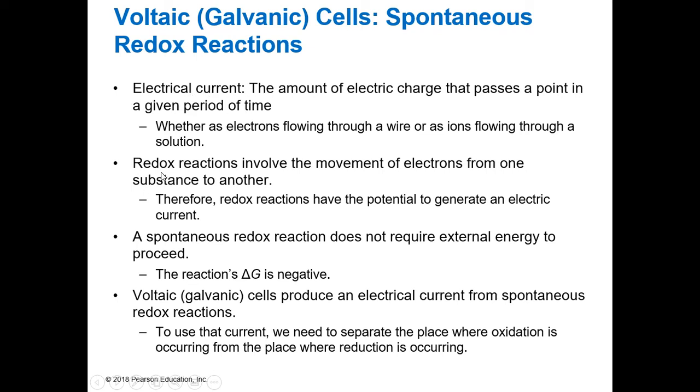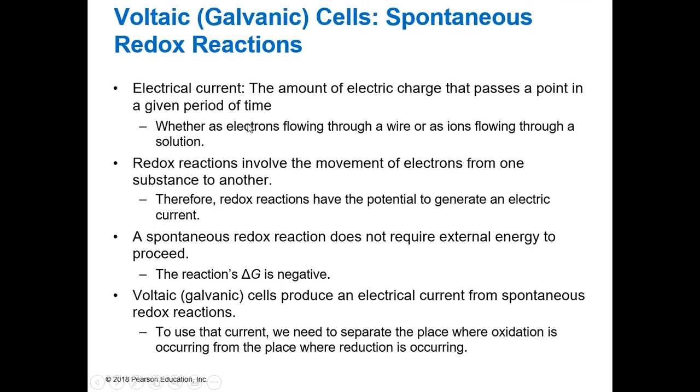Our redox reactions, we know, involve the movement of electrons from one substance to another, right? Our electrons are going to be lost from whatever is being oxidized, and they're going to be gained by whatever is reduced. So they are exchanging electrons. Those redox reactions generate an electric current because there is a flow of electrons, right?